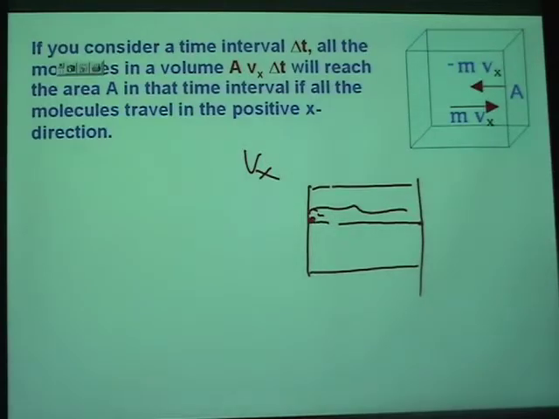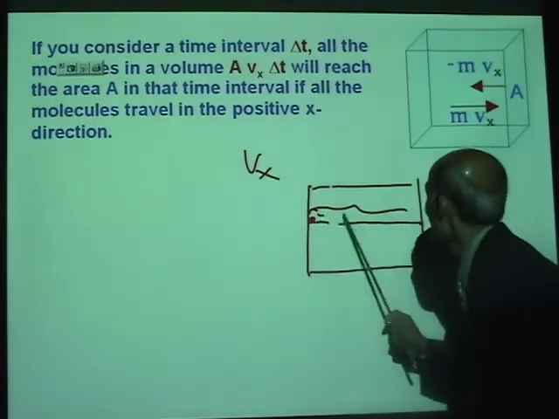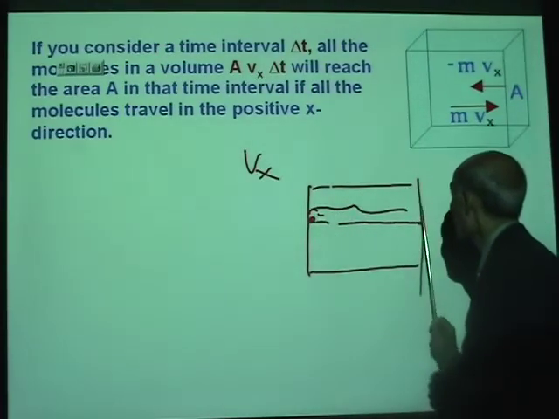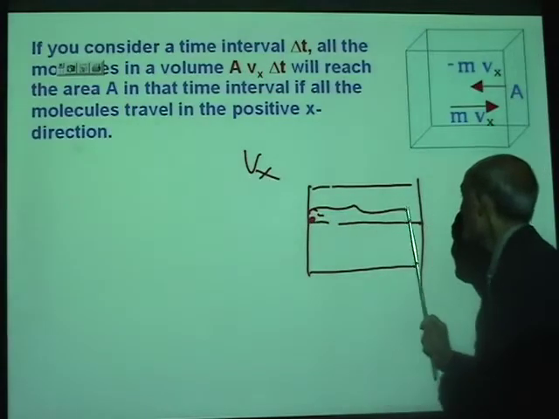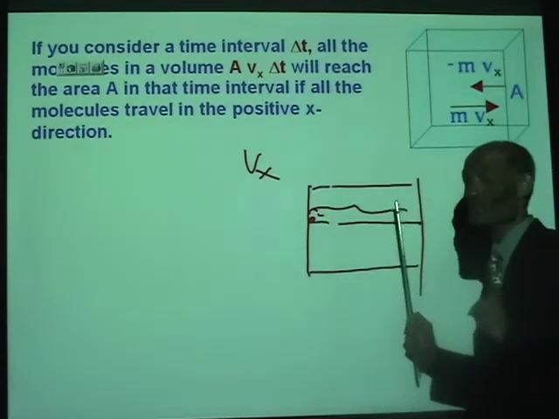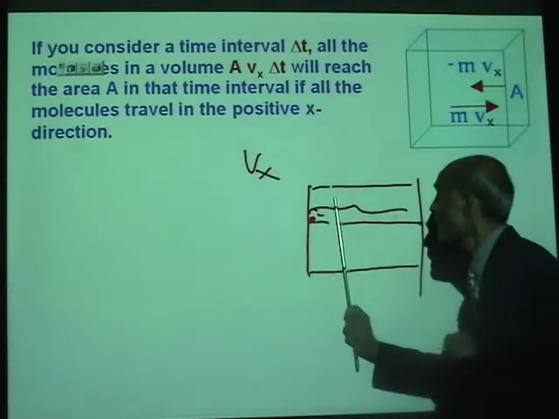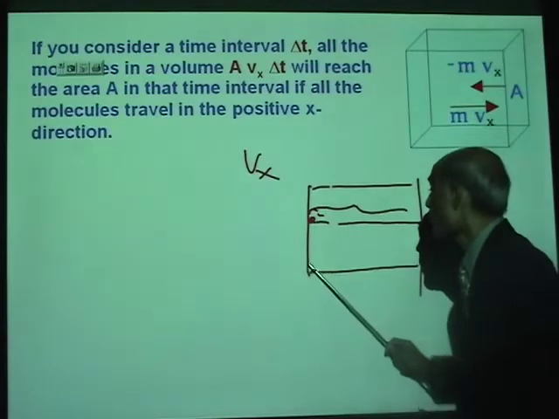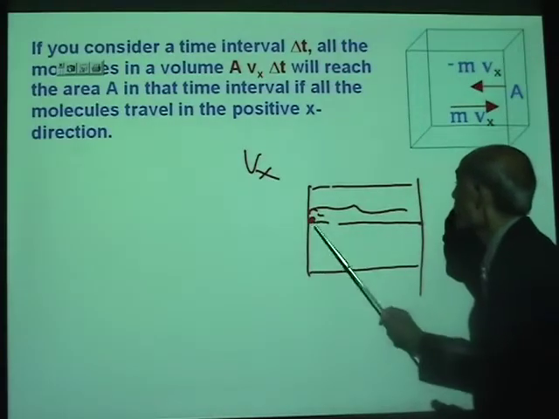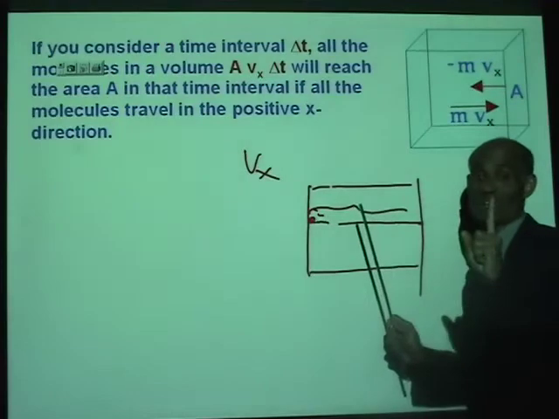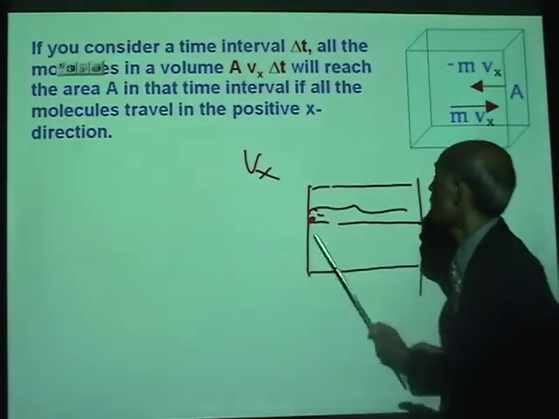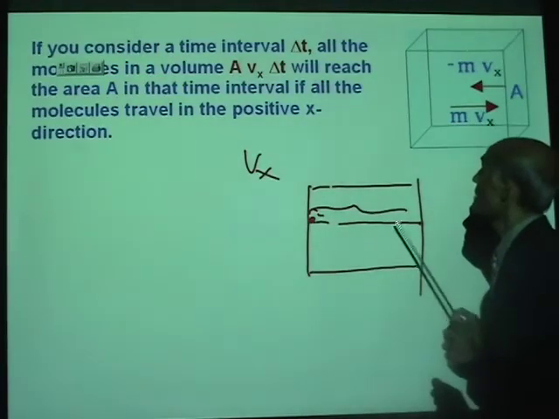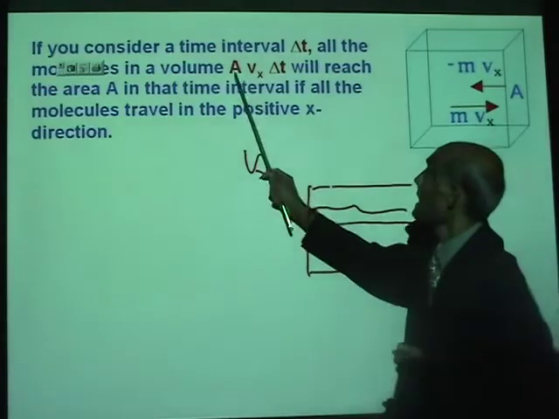Now, if this molecule will reach the wall in 1 second, all the molecules in this volume will actually be reaching that wall in 1 second. Because if this reaches, everything else in front of it will also reach. And therefore, what is that volume? This is Vx, and the area is A, so that will be Vx multiplied by A.